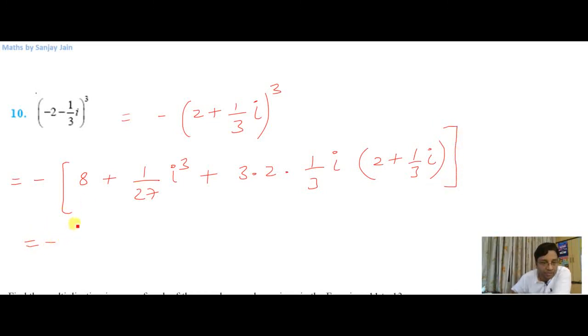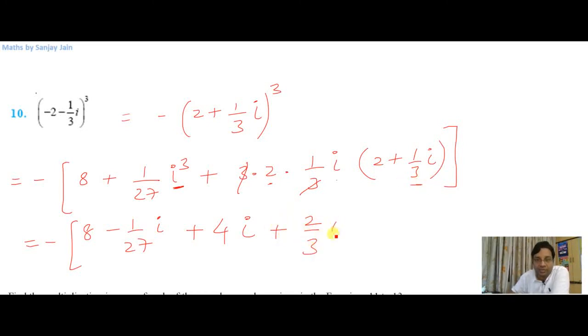So it will give you minus 8, this is minus iota, right? So minus 1 by 27 iota here, and this 3 will be cancelled. This will be plus 2 iota into 2, that is 4 iota, and 2 iota into 1 by 3 iota, so that will give you 2 by 3 iota squared.